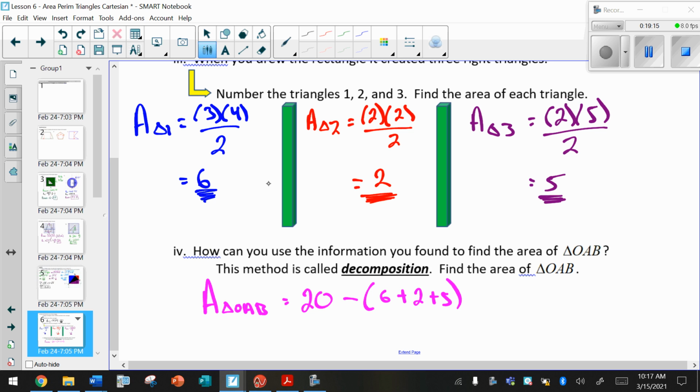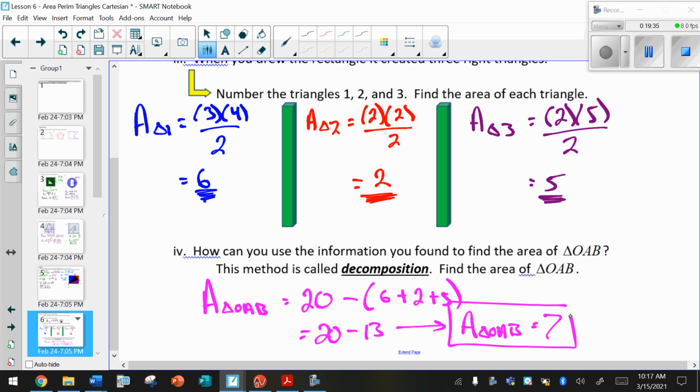So the three triangles that we had around the outside of our original shape had an area of 6, an area of 2, and an area of 5. Those add up to be 13. So then the final area for triangle OAB, when I subtract that 13 from the whole rectangle's area of 20, we get an area of 7 square units. Nice and neat and totally complete. Okay, that's how you do it.